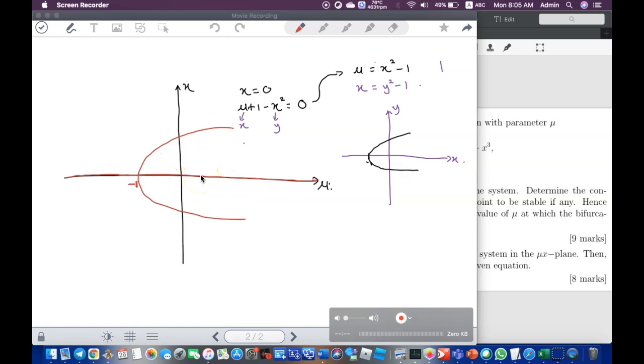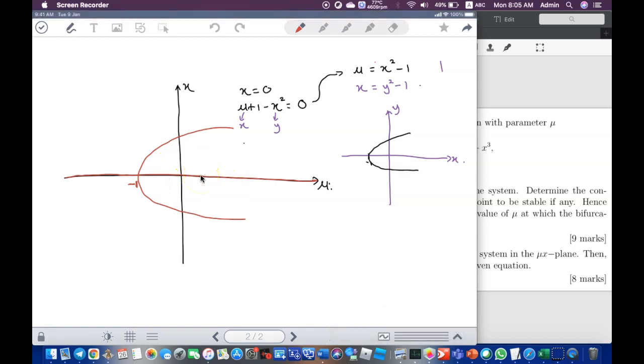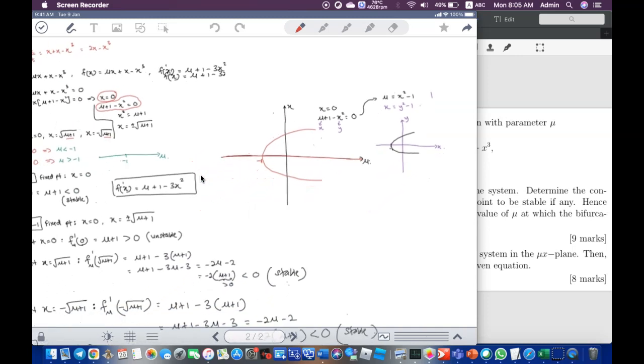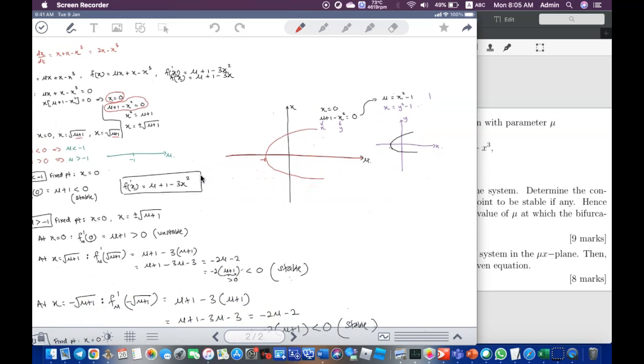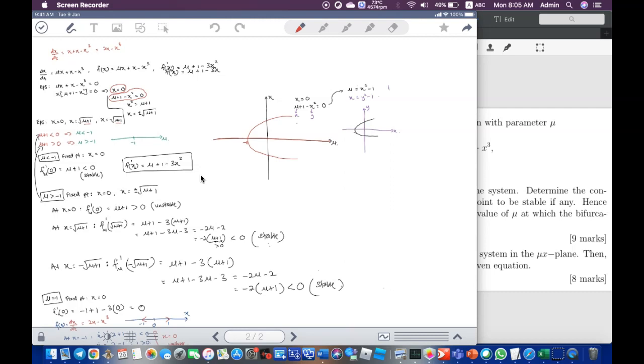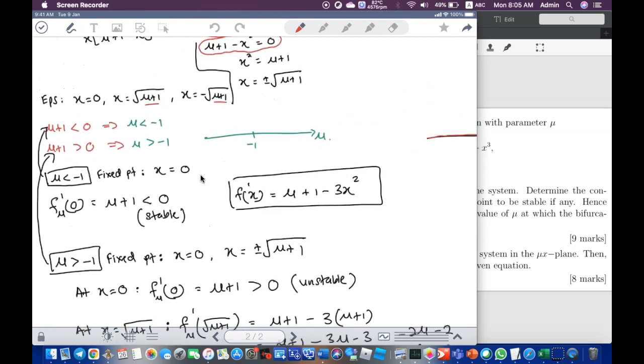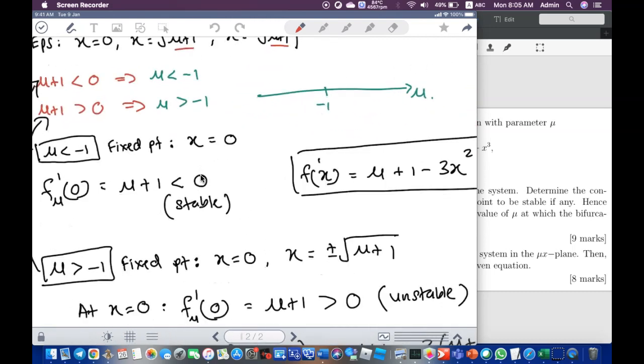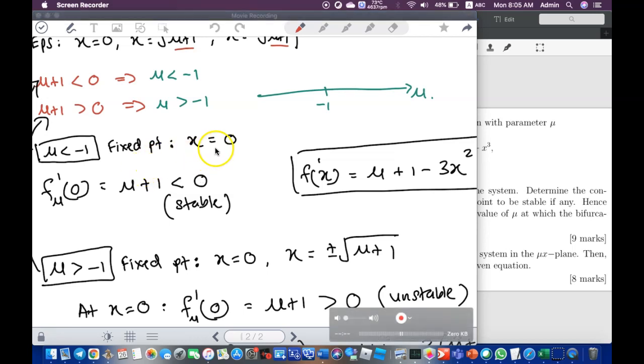Okay, so you are getting there, but then you have to look at your result. Just now we said the first case. You have to provide the dash line and also the solid line, which tells you which one is stable and which one is unstable. When mu is less than negative 1, you get only a single fixed point x0, and x0 is stable.